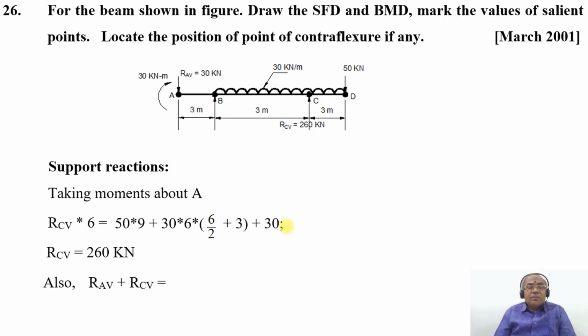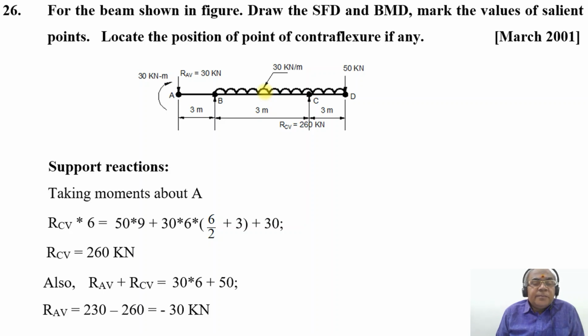But also we know the sum of the vertical reactions acting upwards will be equal to the sum of the vertical loads acting downwards. Here initially we are considering RAV acting upwards. So RAV plus RCV will be equal to 30 into 6 plus 50, acting downwards. You know the value of RCV, which is 260.